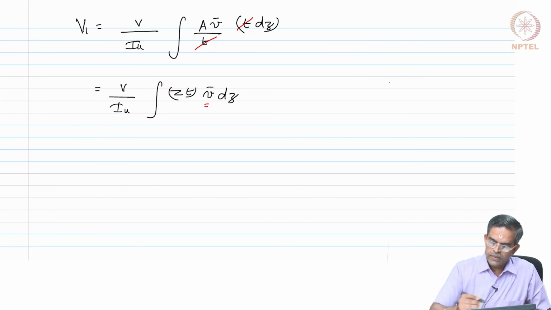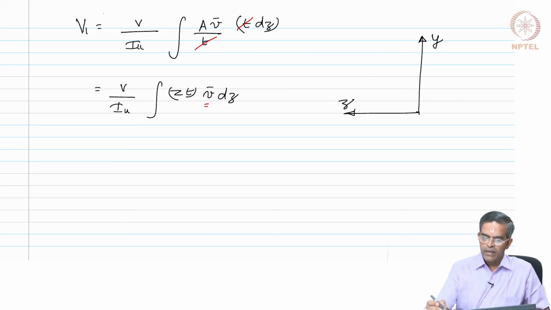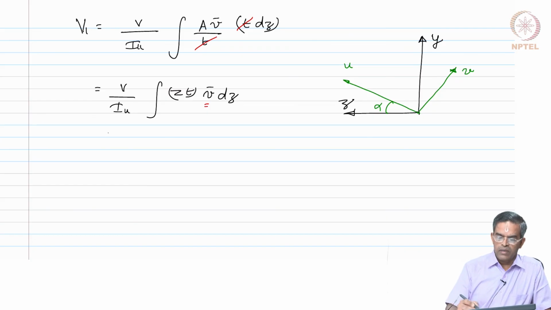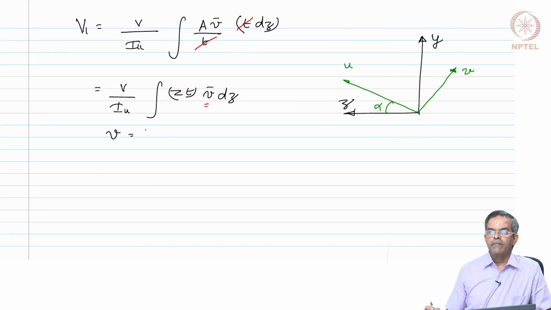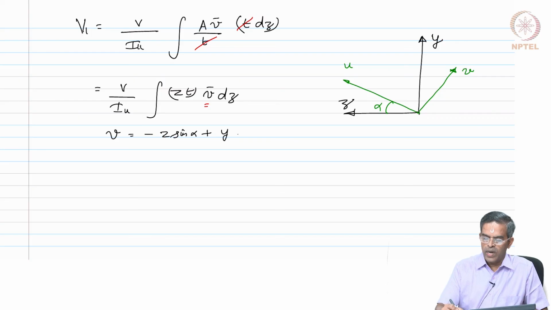If I have two axes, y and z, if I have another two axes, v and u, and this angle is alpha, in simple terms v can be given by minus z sin alpha plus y cos alpha, is it not?